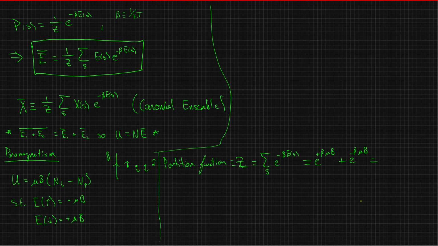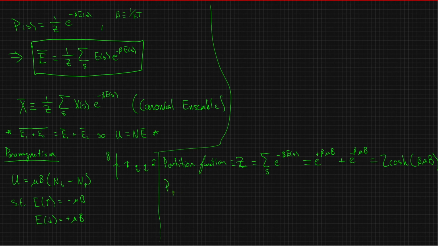We're getting close. Yeah, Jay's got it. It's basically cosh. It's actually 2 times the hyperbolic cosine, and the argument is just beta mu B. Okay, so the partition function is easy to calculate here. It's the hyperbolic cosine.